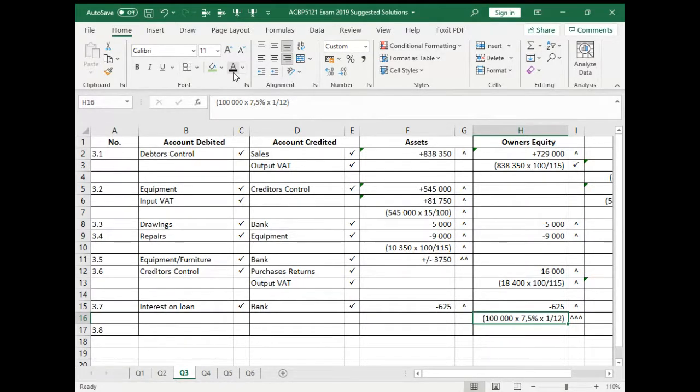We multiply it with the 7.5%, but this is a per annum rate. So that means it's for 12 months. But now we only want to calculate interest for 1 month. So we multiply it with 1 month, divide it by 12 to get the interest for 1 month specifically, and then we account for that on its own. Now, interest on a loan is an expense account, which reduces your owner's equity, whereas bank is an asset account and it reduces when we pay the interest on the loan.